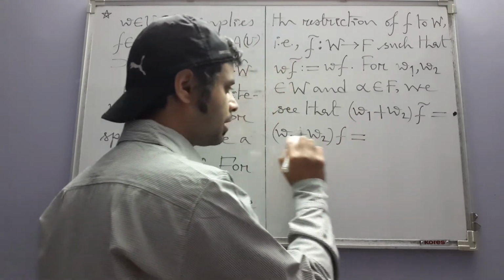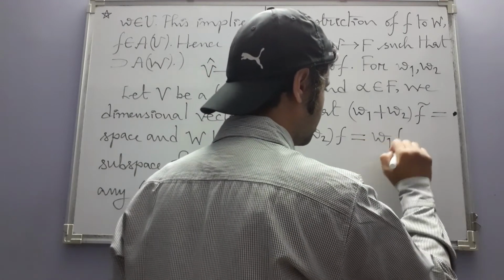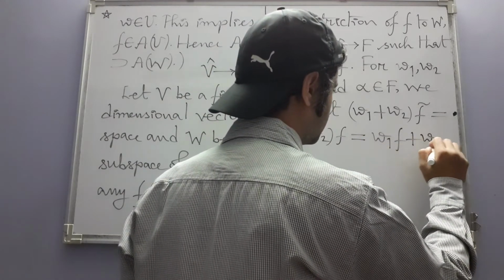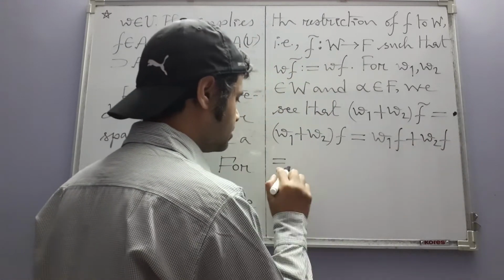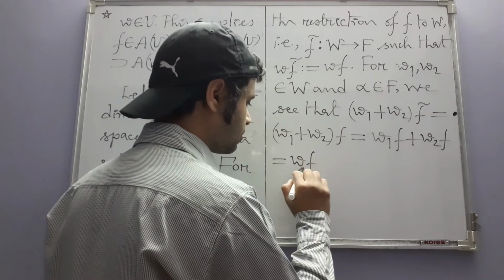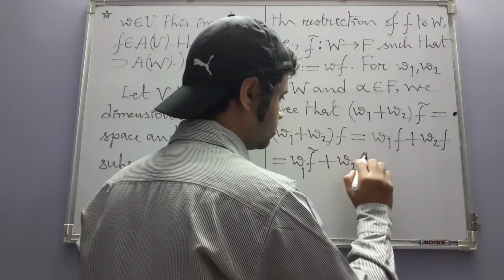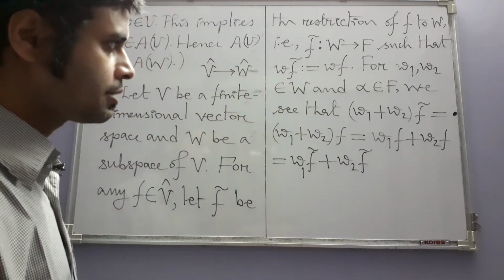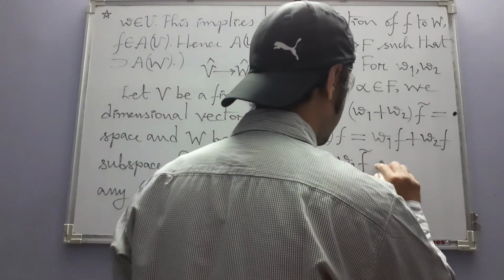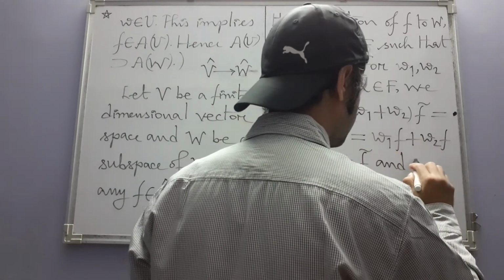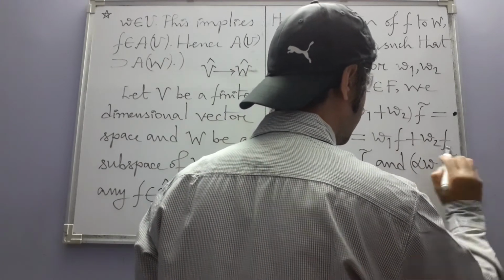Now you just use the fact that f respects addition. So this is w1 f plus w2 f. But then again, this is nothing but w1 f tilde plus w2 f tilde. So just like f, f tilde also respects addition. And now let's look at (alpha w1) f tilde.